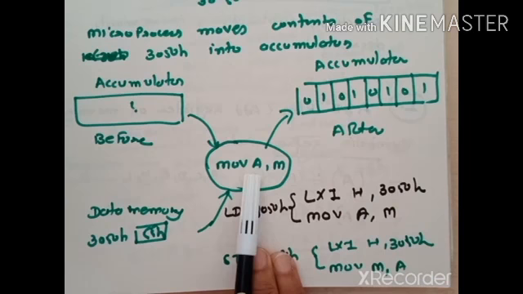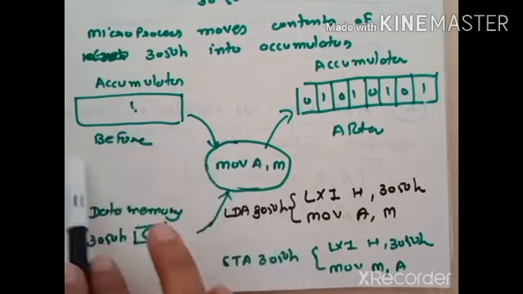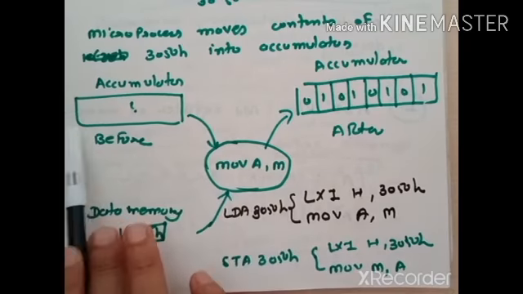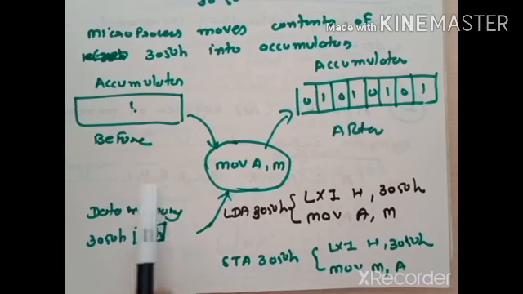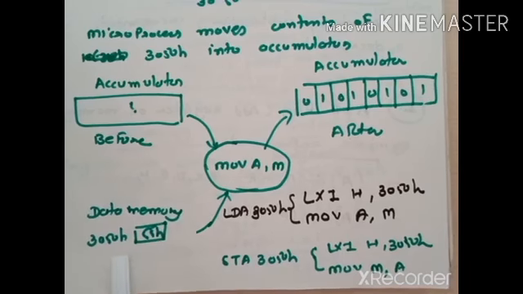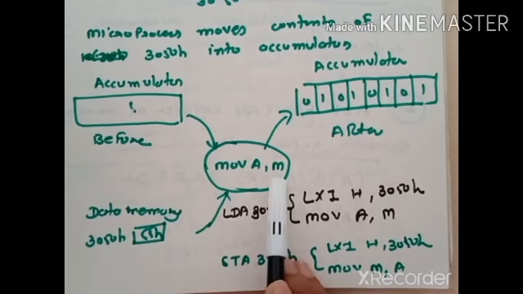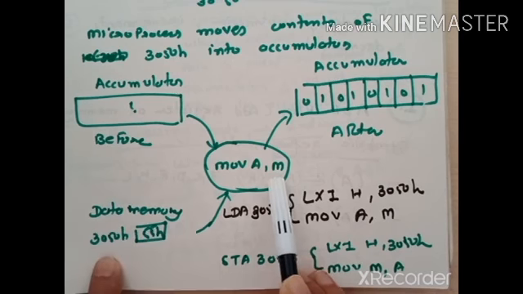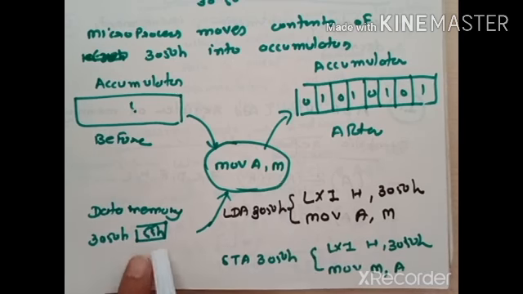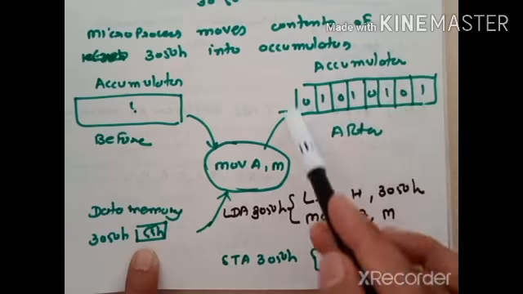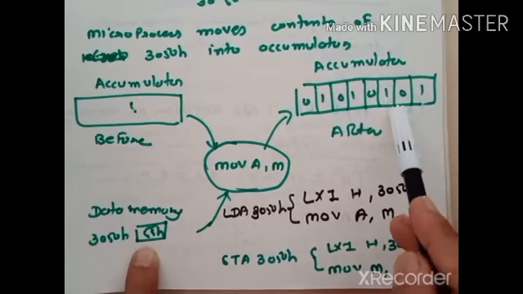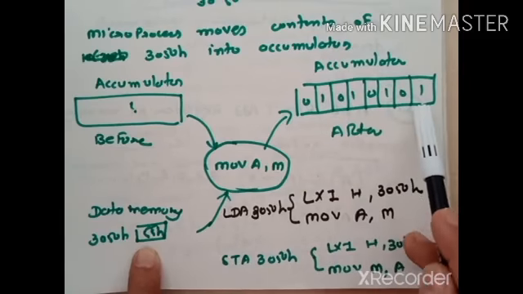Before execution of MOV A, M, the content of the accumulator is unknown. The memory uses address 3050 and the content of 3050 is 55H. After execution of this instruction, the content of the accumulator is 55H.